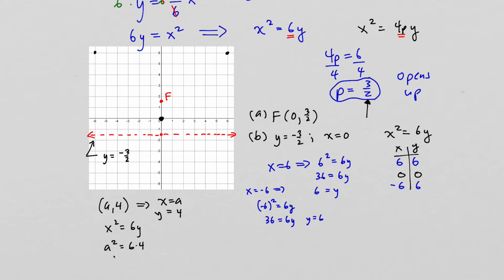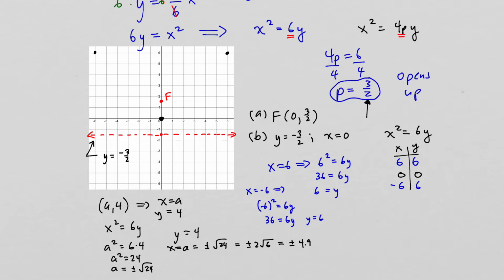And that says a squared is equal to 24, and then that means that a would be plus or minus the square root of 24. So when y equals 4, the values for x would have to be plus or minus the square root of 24, which can be simplified as plus or minus 2 radical 6. If you plug that into a calculator, you get plus or minus 4.9.